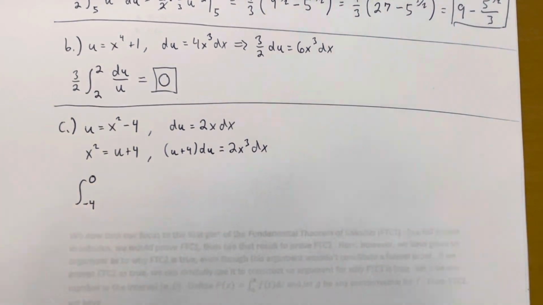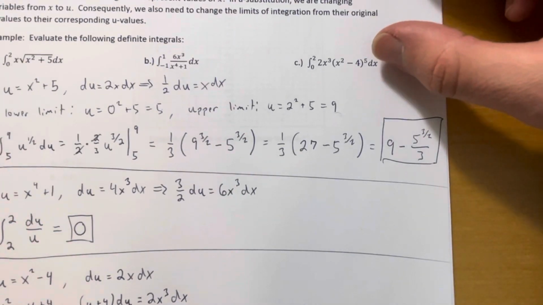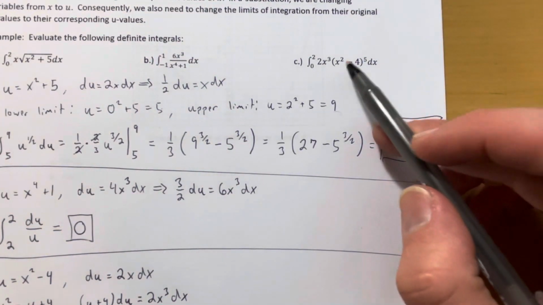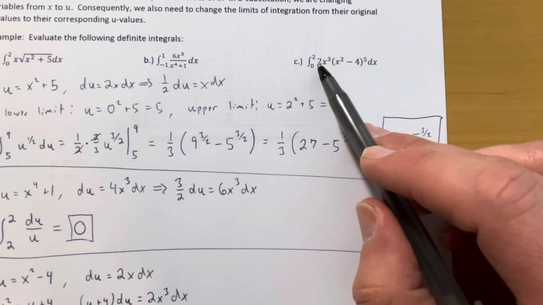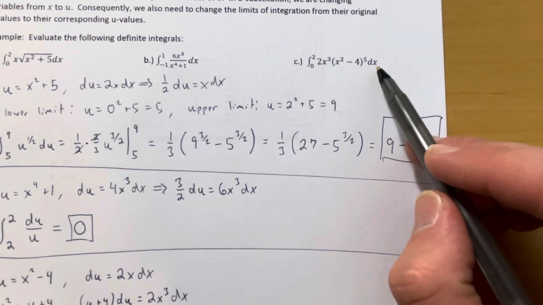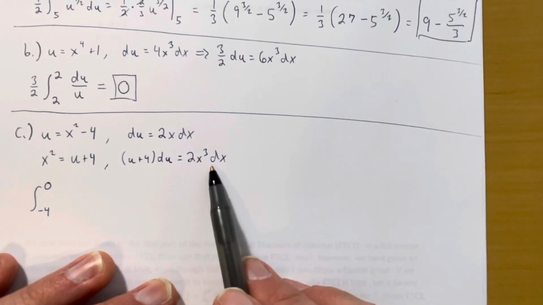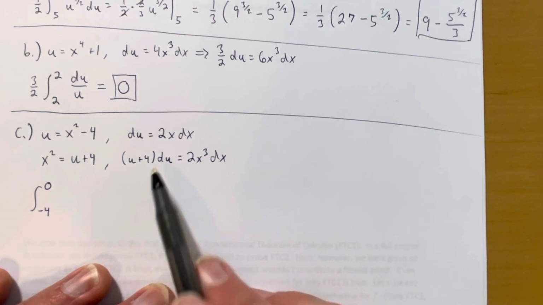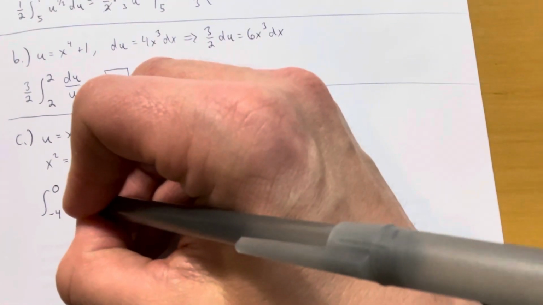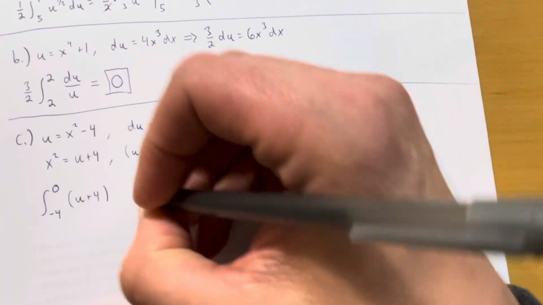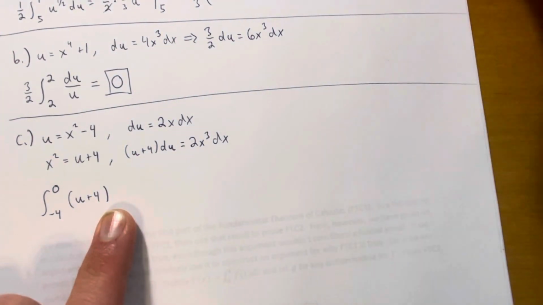Okay? Now, I need to rewrite the integrand in terms of u's. So the thing in parentheses here, well, let's start with this. The 2x cubed dx, which I have down here, is equal to u plus 4 du. I'm going to write the u plus 4. I'll put the du out here, but I want to put something else first.